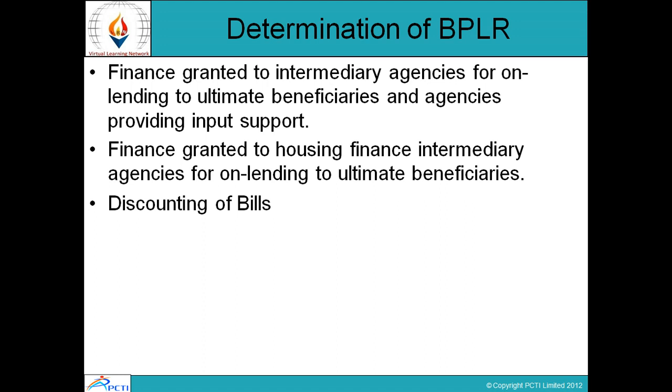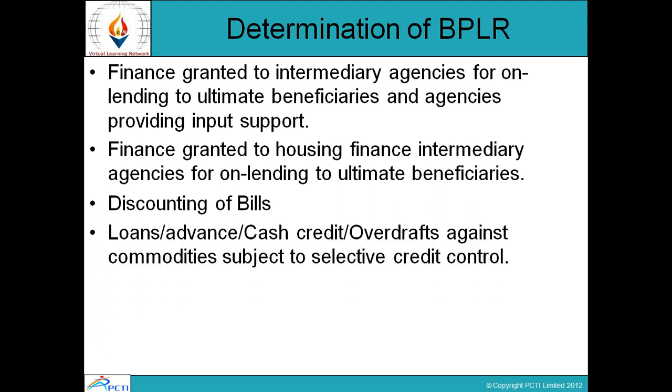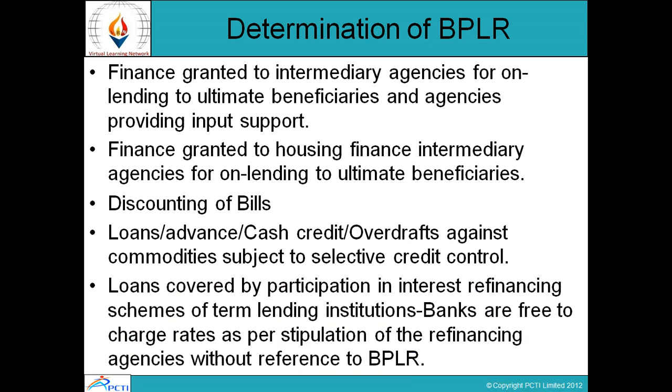Discounting of bills, loans or advances or cash credit or overdrafts against commodities subject to selective credit control. Loans covered by participation in interest refinancing schemes of term lending institutions. Banks are free to charge rates as per stipulation of the refinancing agencies without reference to BPLR.